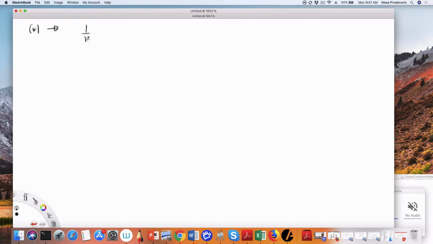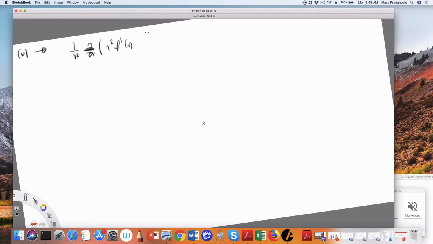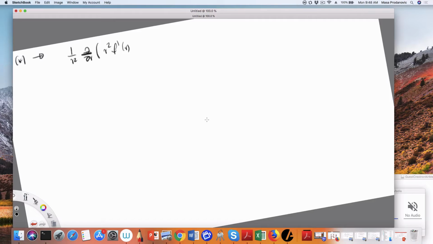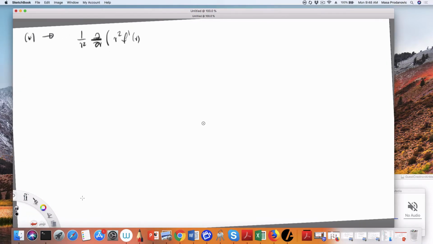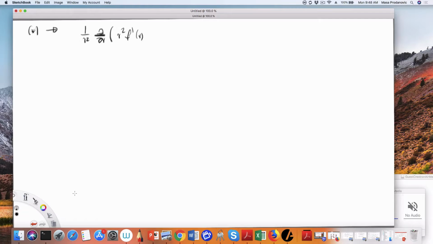Then I have 1 over r squared d/dr of r squared f prime of r cosine theta, plus 1 over r squared sine theta times minus 2f of r sine theta cosine theta, is equal to 0.